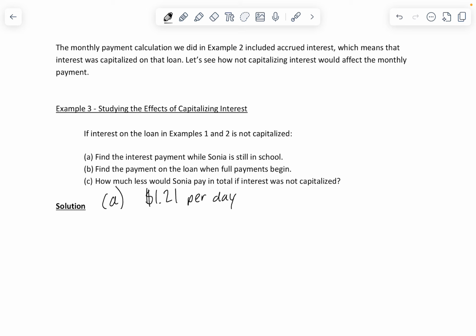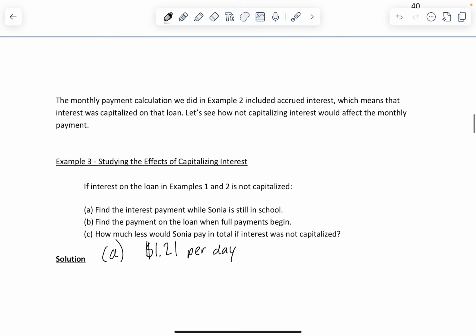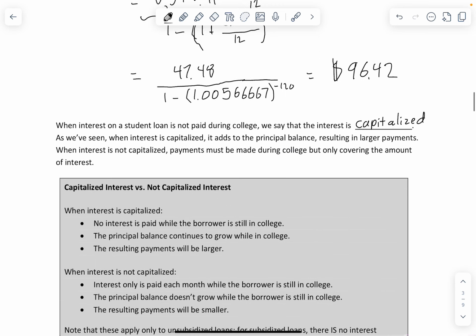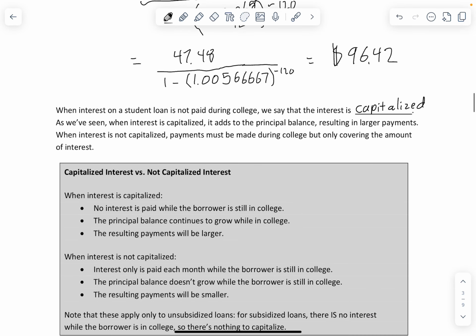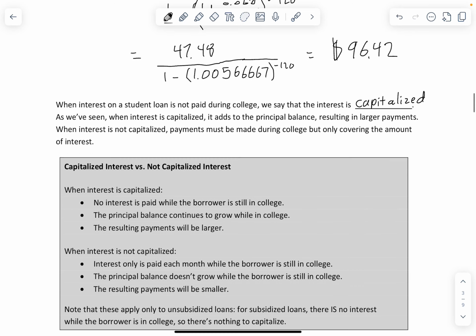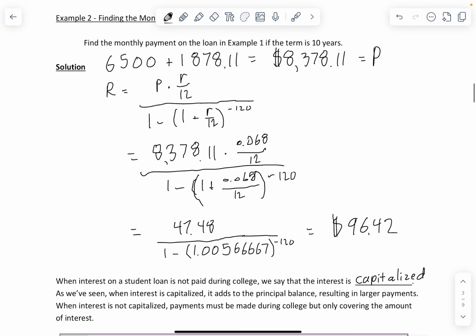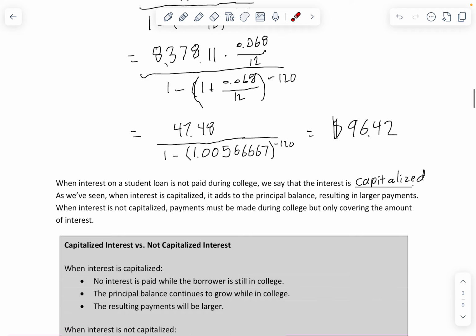Okay. Part B, find the payment on the loan when full payments begin. So this is different from example 2 because in example 2 we were talking about a capitalized loan, right? Where when she started making the payments, we had to factor in the loan amount plus the already accrued interest, right?